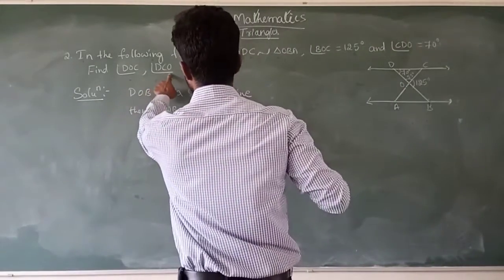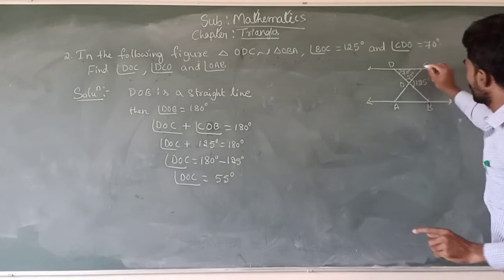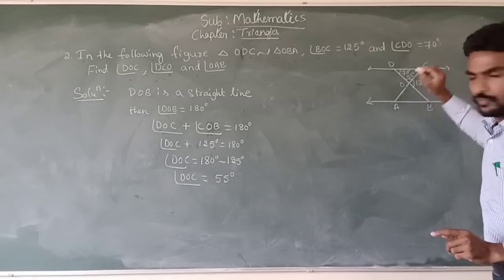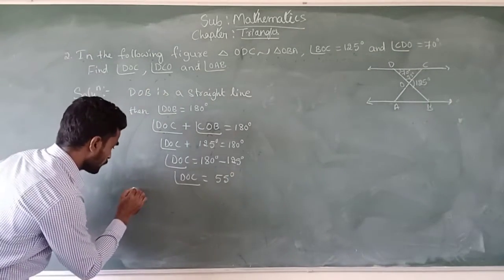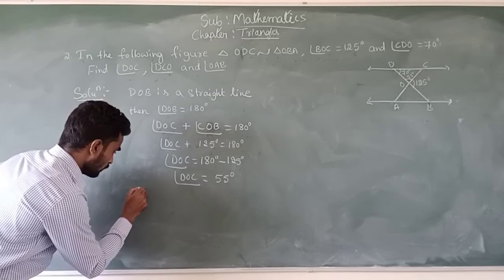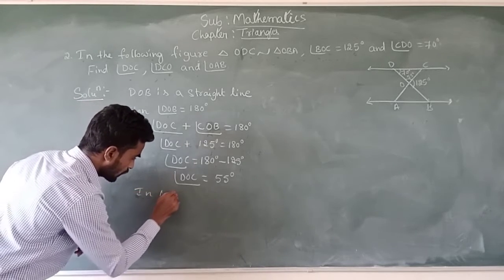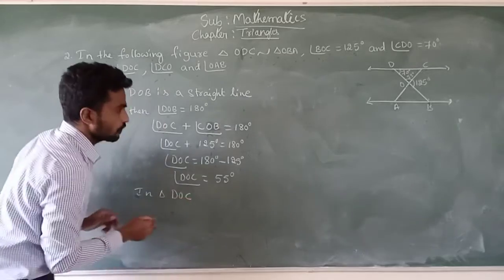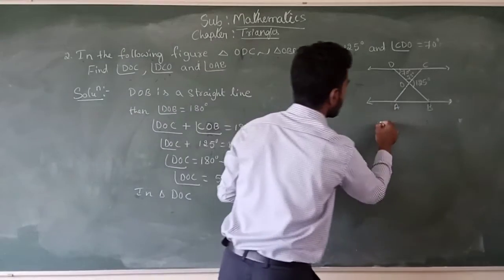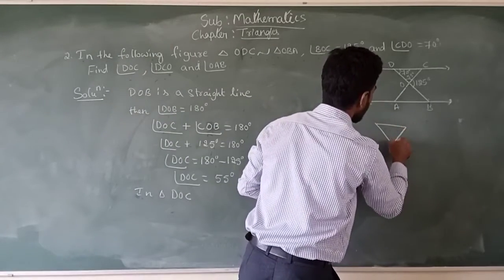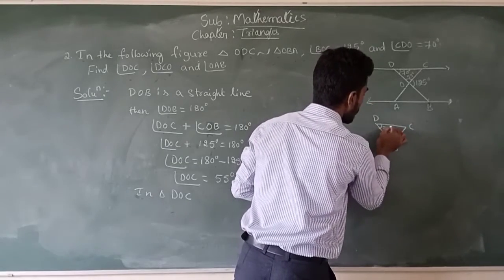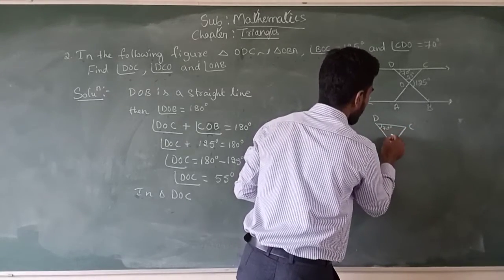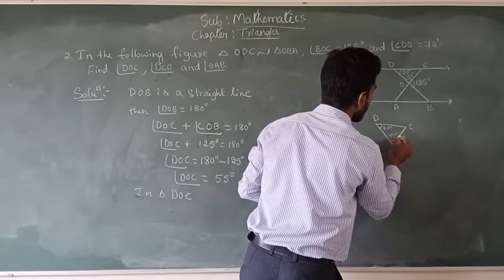Next we can find out DCO. This angle can be found out right now. Consider triangle DOC, this triangle DOC. Here angle D is 70 degree, angle O is 55 degree.